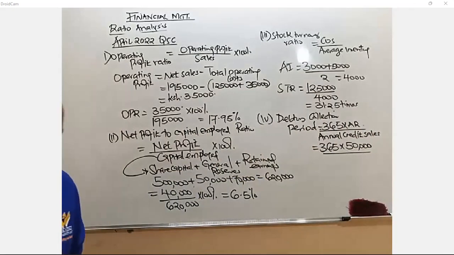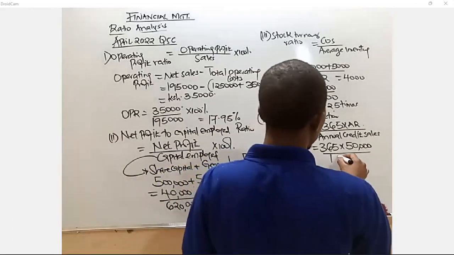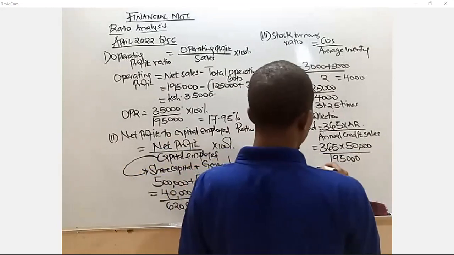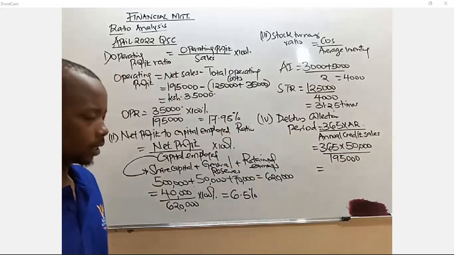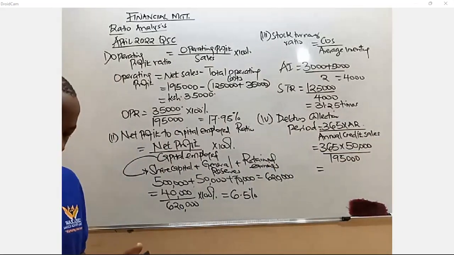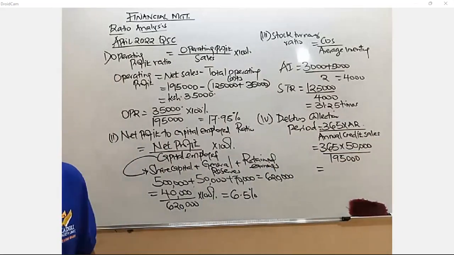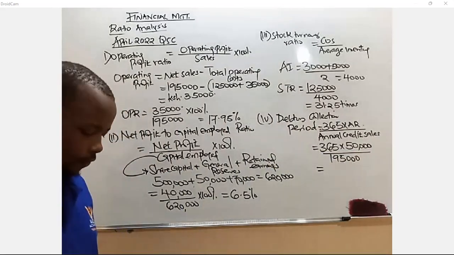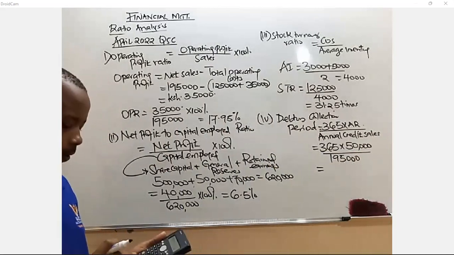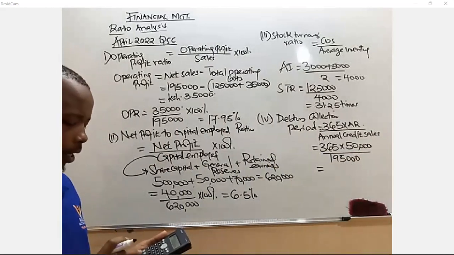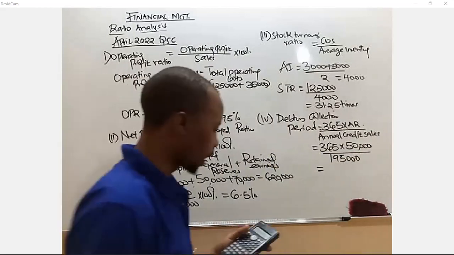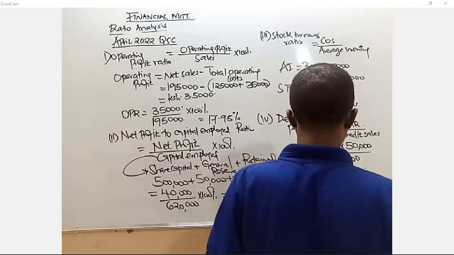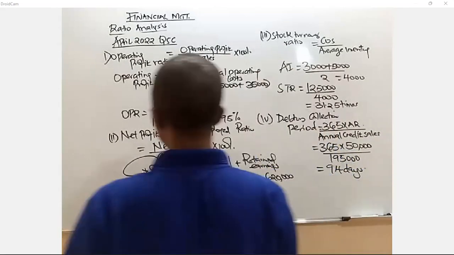We are going to be using 195,000 because you are not being told the proportions of cash and credit sales, so we use the figure that we have. So it will be 365 times 50,000 divided by 195,000, getting around 94 days.